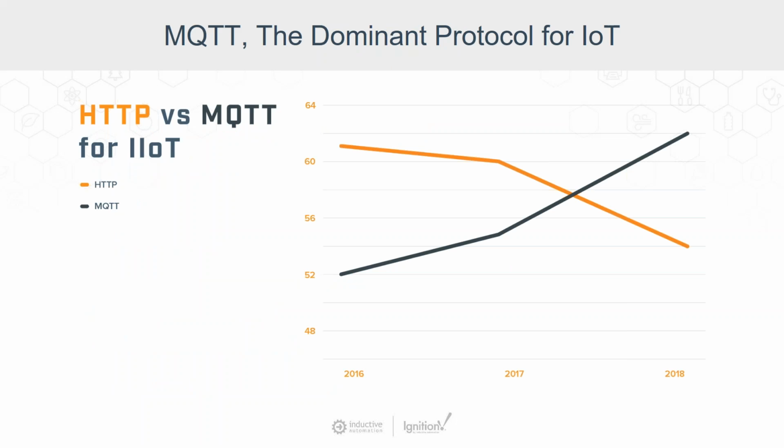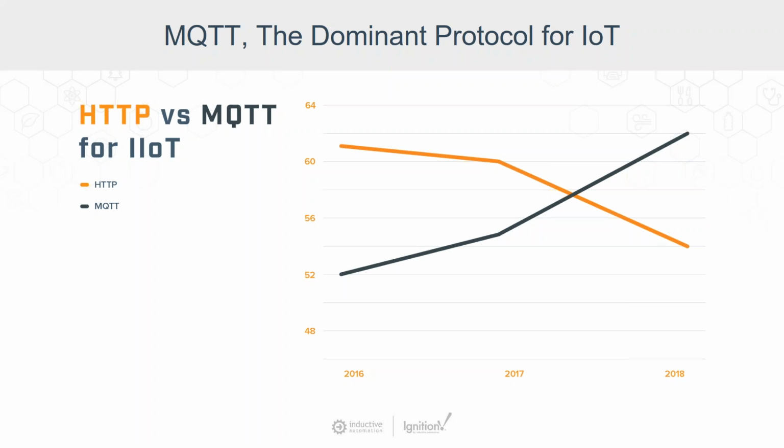Now, as I mentioned before, just a proof point of MQTT, it is the dominant IoT protocol. The Eclipse Foundation does a survey, and the top two have been HTTP and MQTT. As you can see over the years, MQTT has been leading that, and it continues to go up. This one here, the 2019 survey, has very similar results, with the trend going even higher.